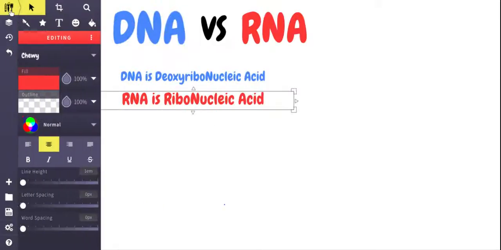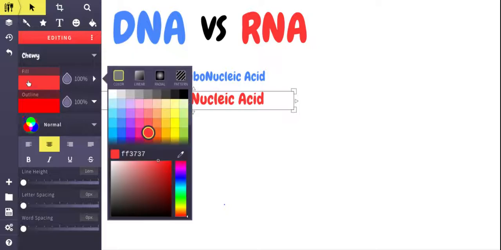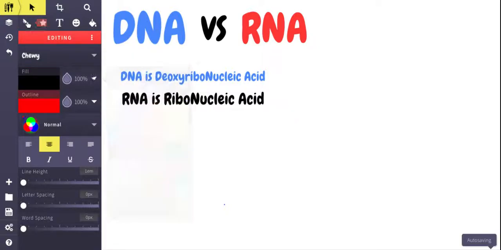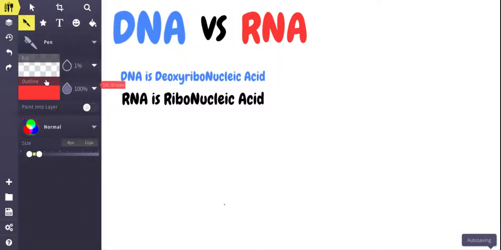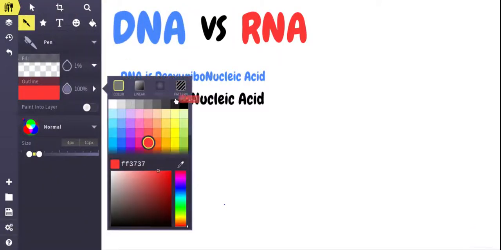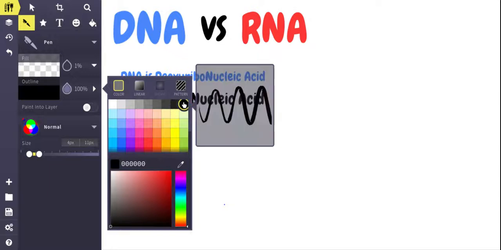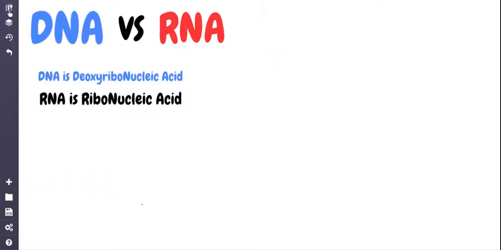So I'll just draw how they look. Okay, so this is how I'm gonna draw the strand. I'll use the black pen.